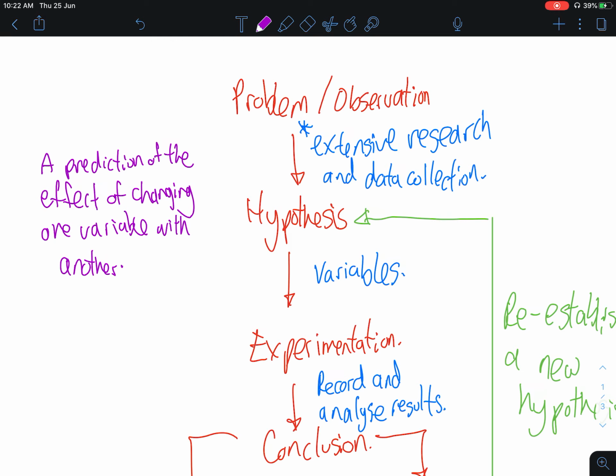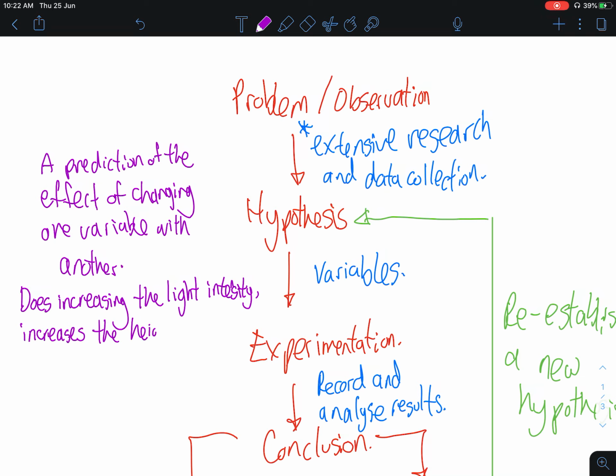You can ask the question: does increasing the light intensity, that means the brightness of it, increase the height of a plant at the same, maybe, temperature?